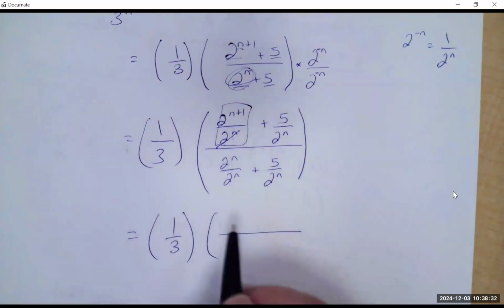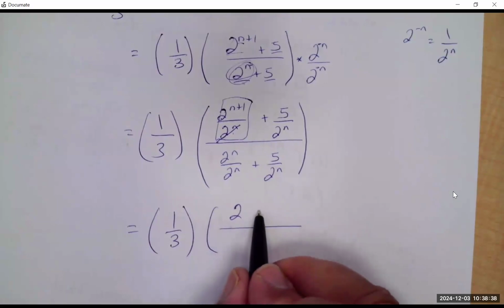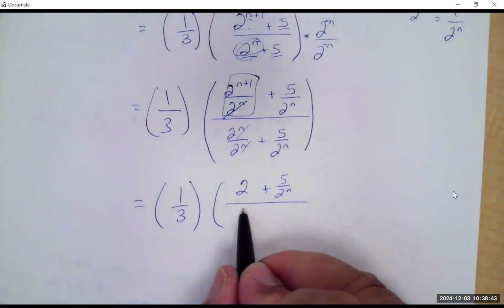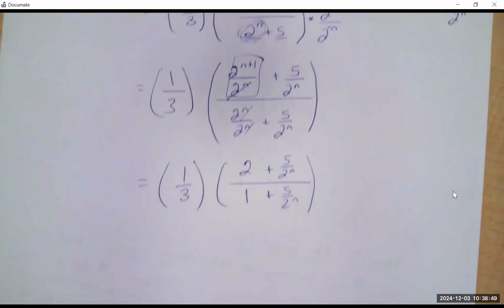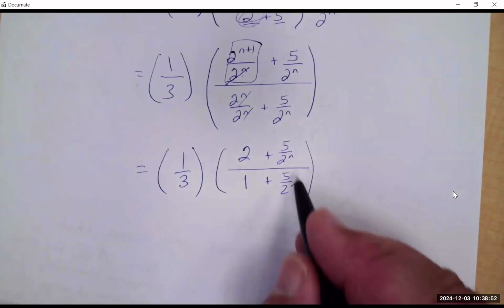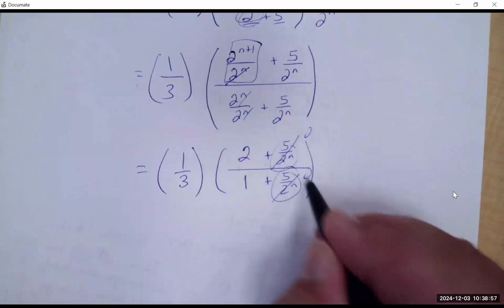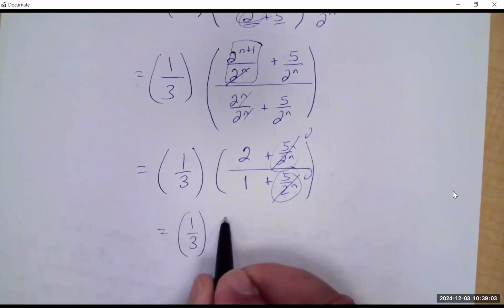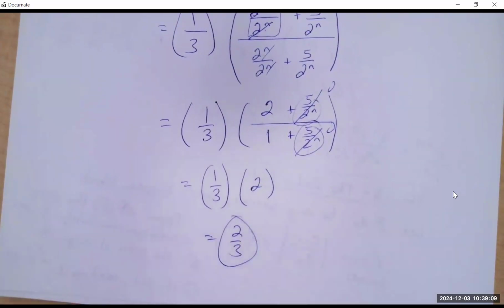I can cancel 2^n, which just leaves me 2 on top. Plus 5 over 2^n. The 2^n and the 2^n cancel, leaves 1. As n gets larger, what happens to these? They go to 0. So what we're left with is 1/3 times 2, which is 2/3. So it converges.